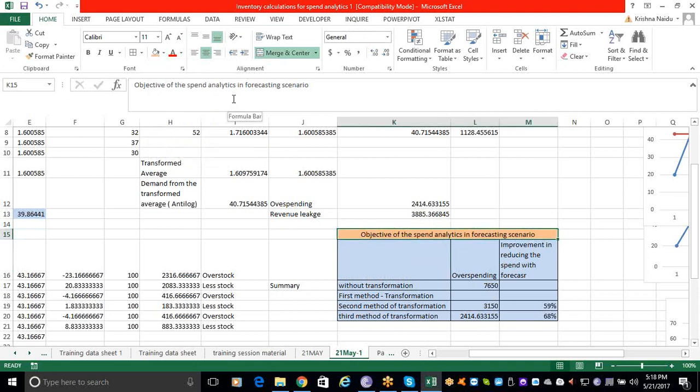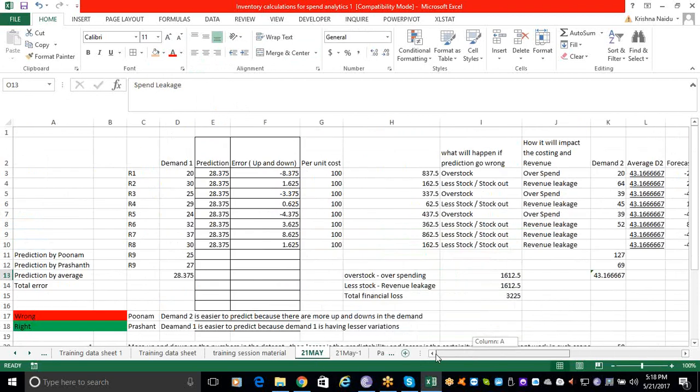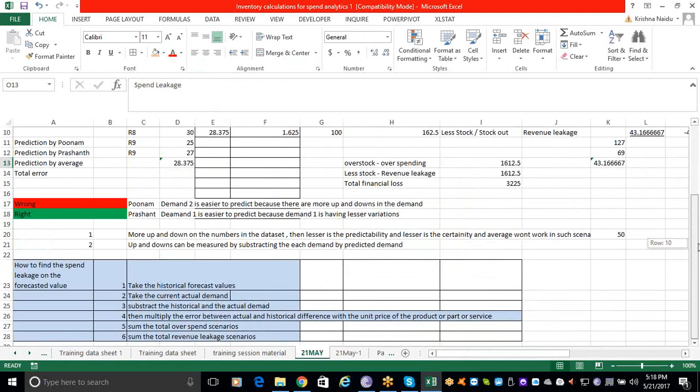So this is the objective, and this is what you have to do. First, you have to take data, then draw a graph, draw the plot. I'll just write down all the methods.